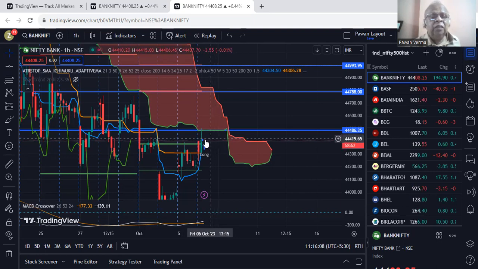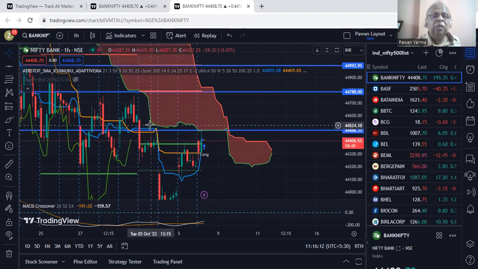Thereafter, if the Chikou span moves above the price, then the first retracement can be seen from the cloud, from this level.